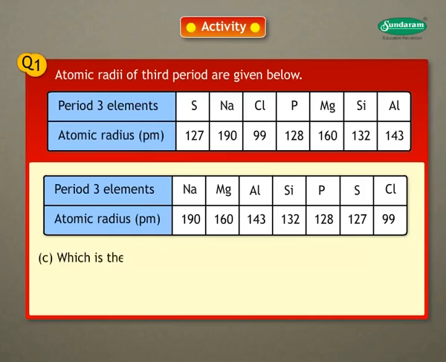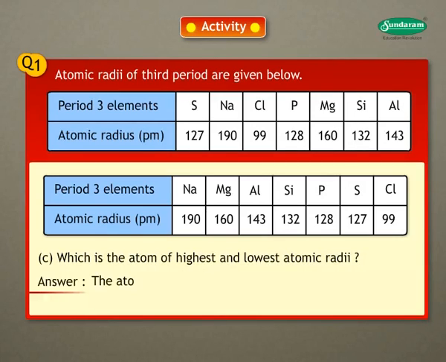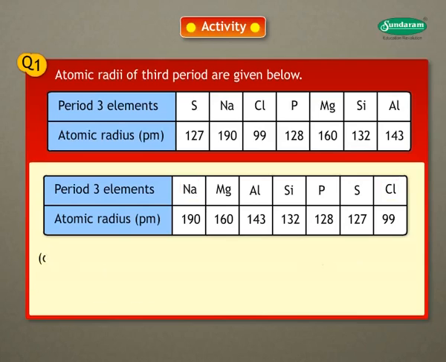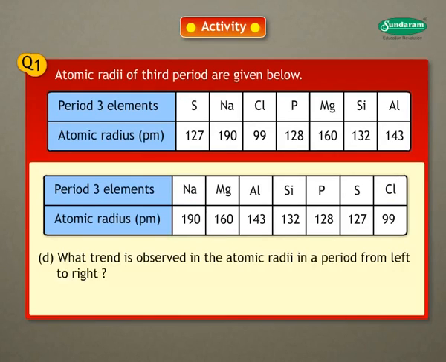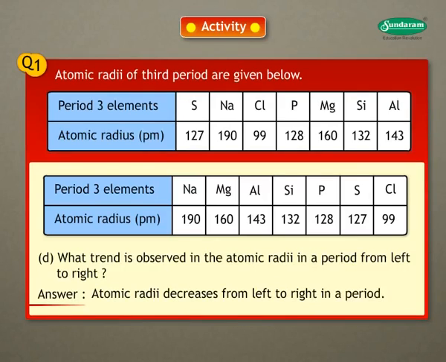C. Which is the atom of highest and lowest atomic radii? Answer. The atom of highest radii is sodium and lowest radii is chlorine. D. What trend is observed in the atomic radii in a period from left to right? Answer. We can see that atomic radii decreases from left to right in a period.